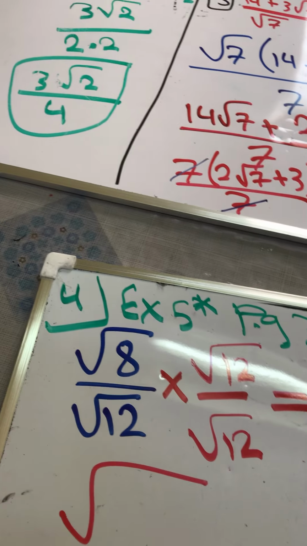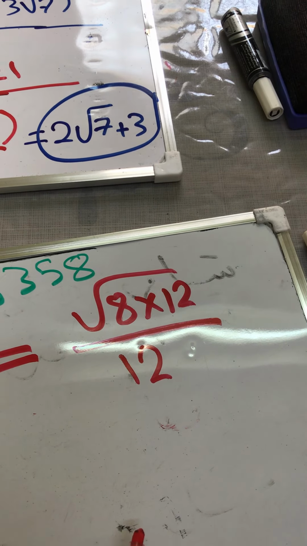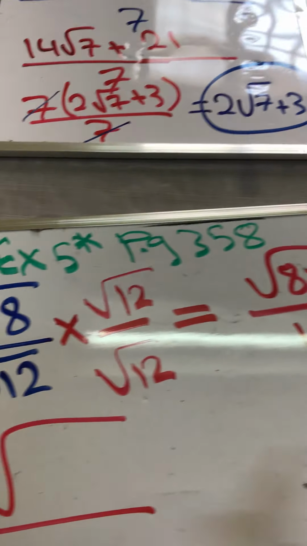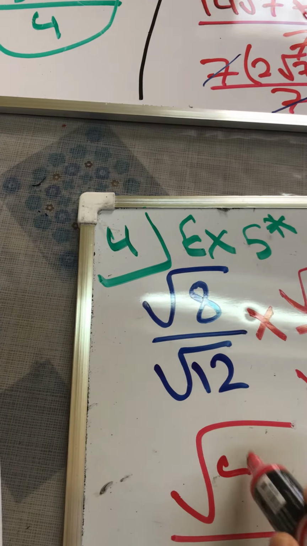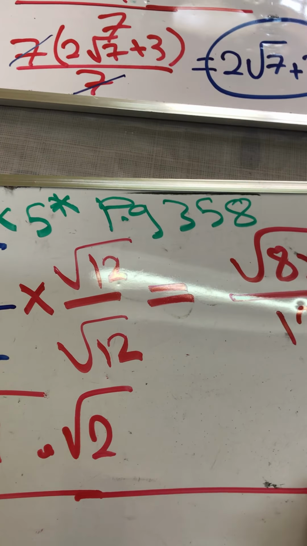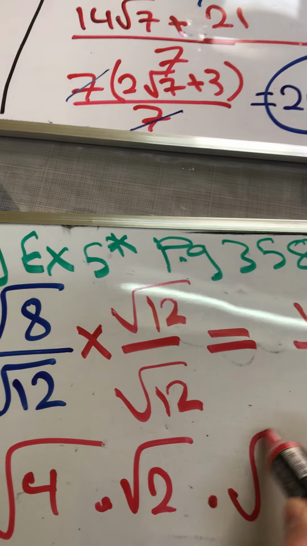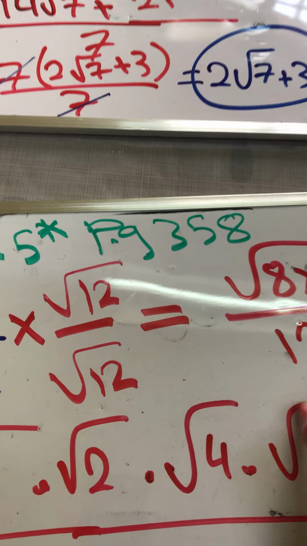Okay, but I prefer to make something. I want to factorize this 8 and 12. We can make this √8 as √4 times √2. We can, yes. And what about √12? We can make it as √4 times √3.